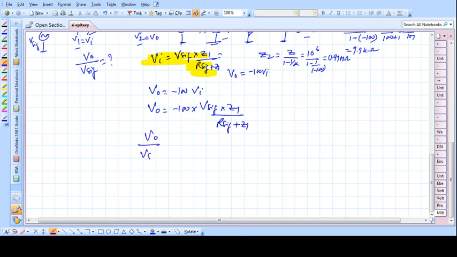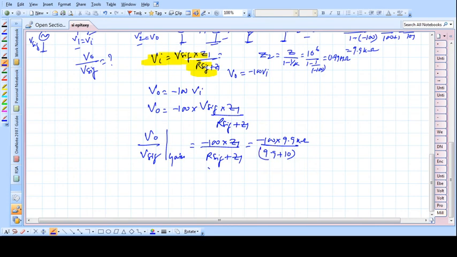So V naught by V signal, the gain, is minus 100 times Z1 by R signal plus Z1. Now we can put the value: Z1 around 9.9 kilo ohm, and R signal, say, 10 kilo ohm. After solving this, it will come around minus 49.7 volt by volt. So this one is the gain.